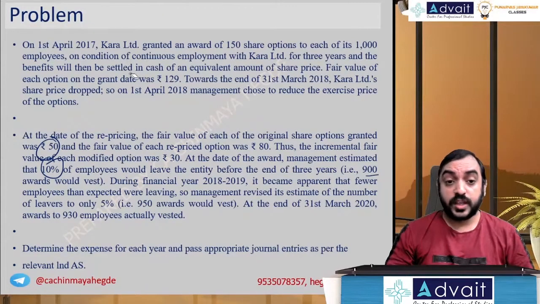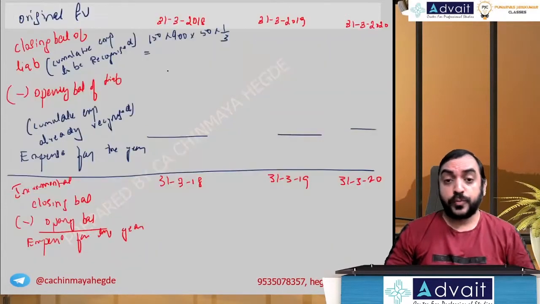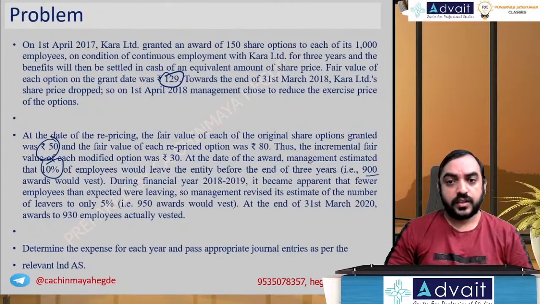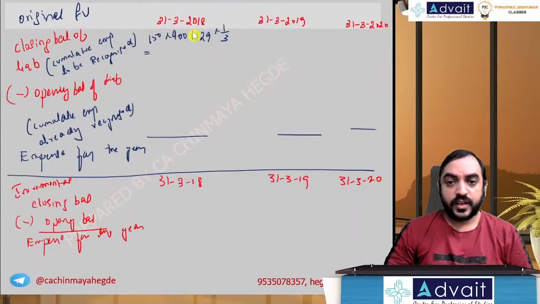Sorry, original amount was 129. Sorry, original rupees, not 50 rupees, 129. That is what we should take. 150 into 900 into 129 divided by 3. 150 options, 900 employees, fair value 129 into 1 by 3.